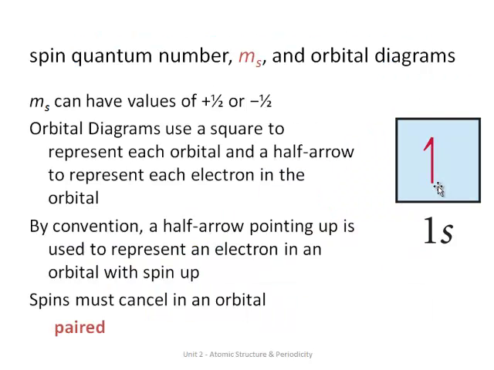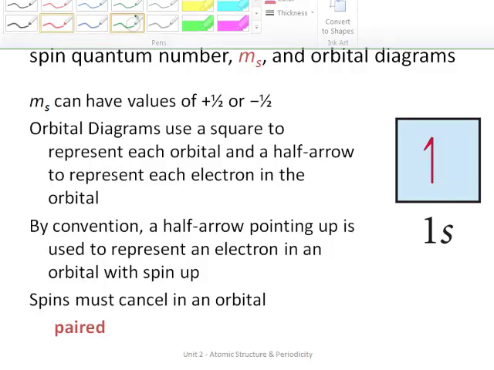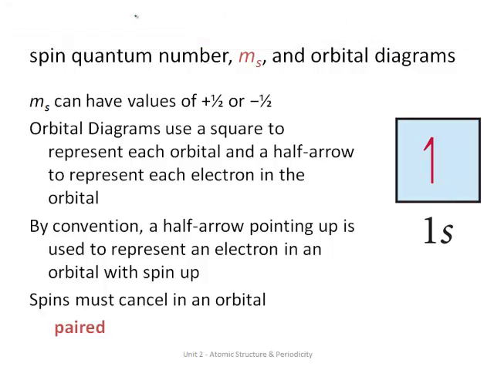Okay, so the next thing we're going to want to do is develop a way to express all 4 quantum numbers that we now know, and that is through orbital diagrams. Very similar to electronic configurations, only slightly different. The magnetic spin, the 4th number, can either have positive 1/2 or negative 1/2 values.